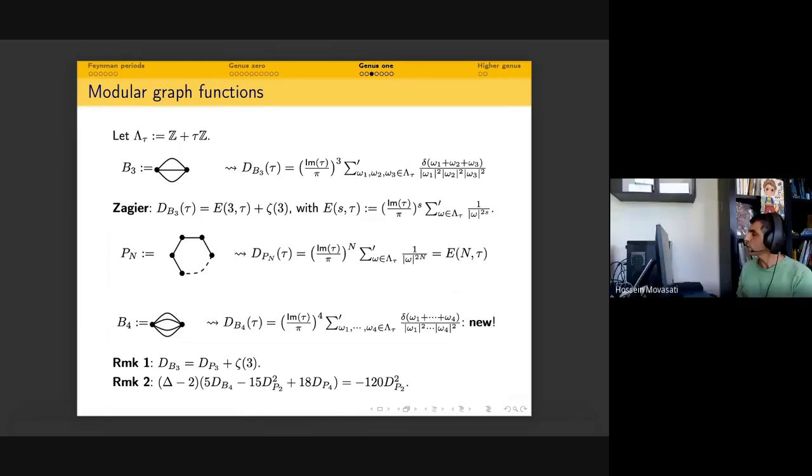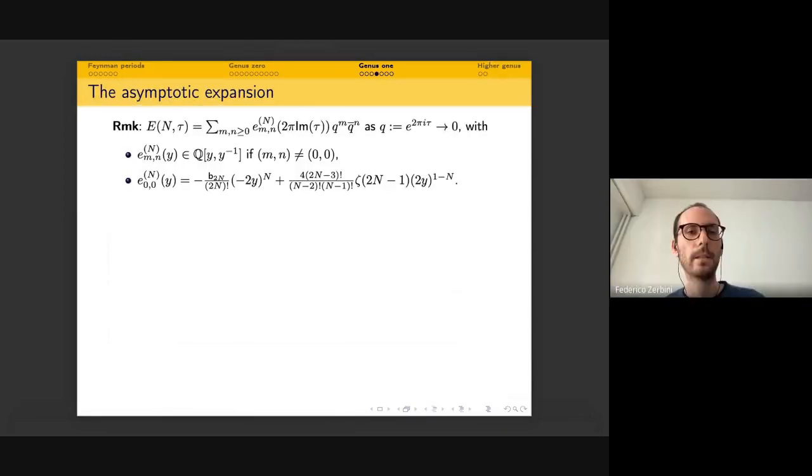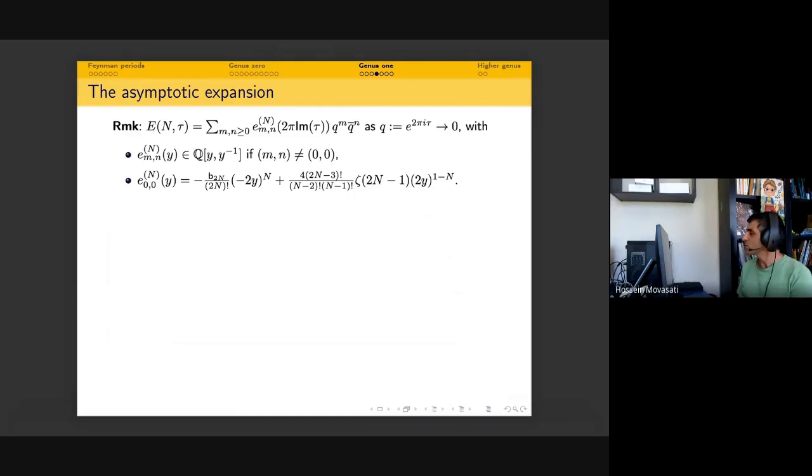Is it possible to verify your conjecture experimentally, in the sense of taking a graph, writing down the expansion, and finding out which zeta values pop up there? Is it done, or is it possible to do?